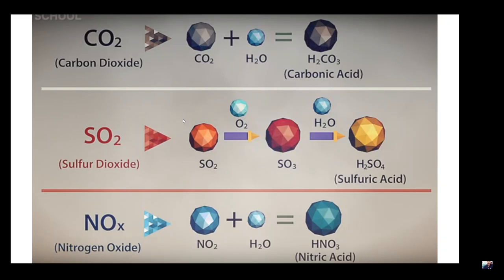Or nitrogen oxide. Are you required to know these chemical breakdowns? I haven't seen it officially on the IB exam yet, but it is a possibility. So I would write them down in your notes.